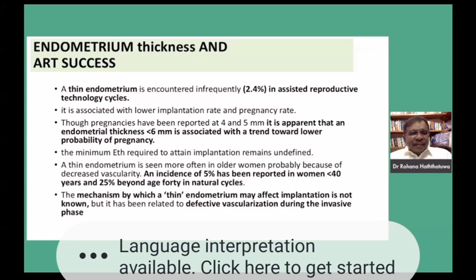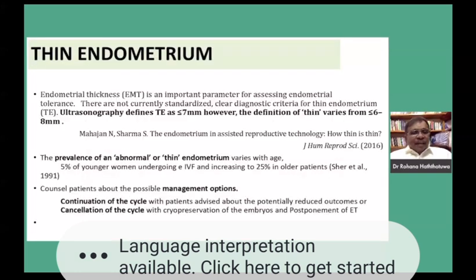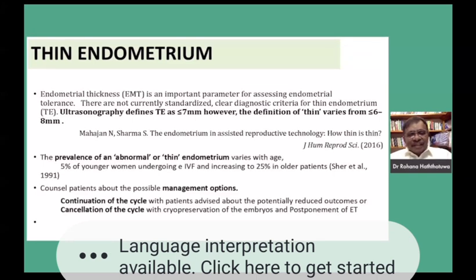Pregnancies have sometimes been reported with 4 to 5 millimeters, but it is apparent that endometrial thickness less than 6 millimeters is associated with a poor outcome. Ultrasound scan clinically defines thin endometrium as less than 7 millimeters. However, the definition of thin varies from 6 to 8 millimeters.